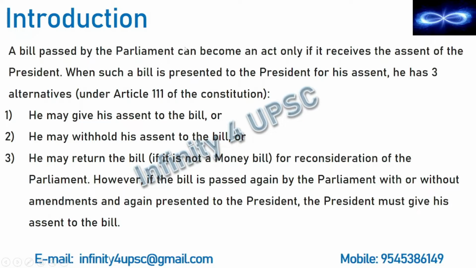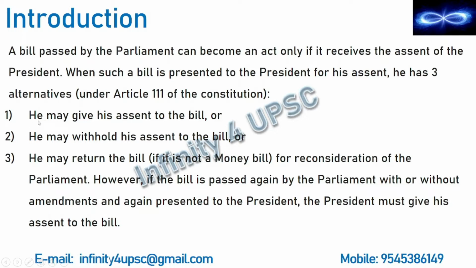In the previous video, we had discussed ordinance and I told you the article number is very easy to remember. I hope you remember that article. It was Article 123 that was associated with ordinance. Now here we see another article which is easy to remember, Article 111, which is associated with the options that the President has when the bill reaches the President for his assent.